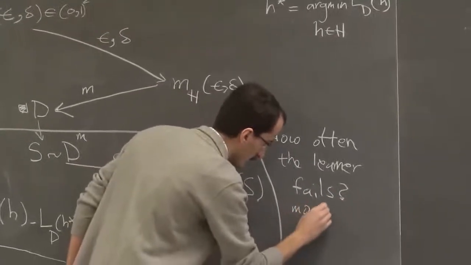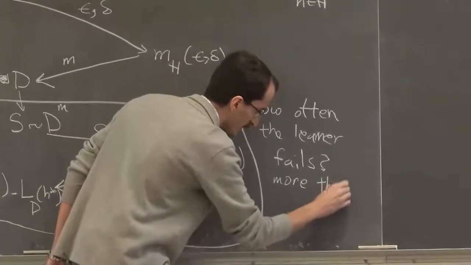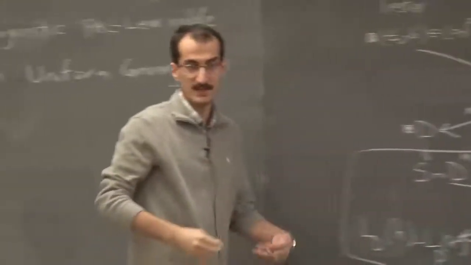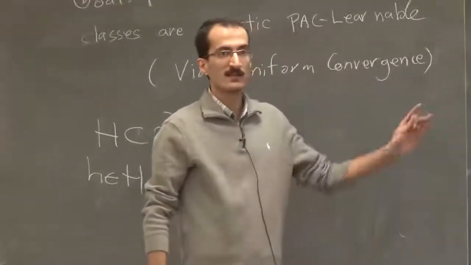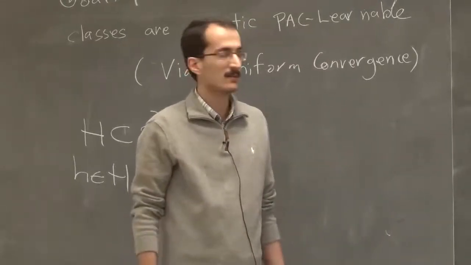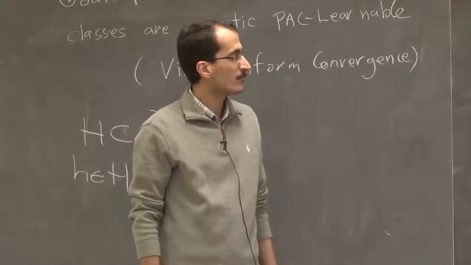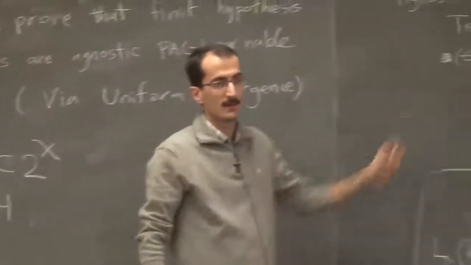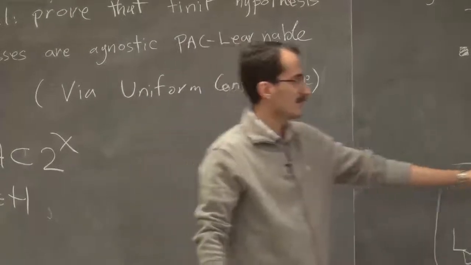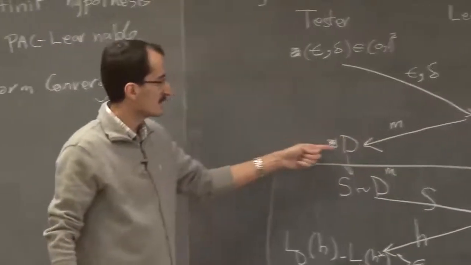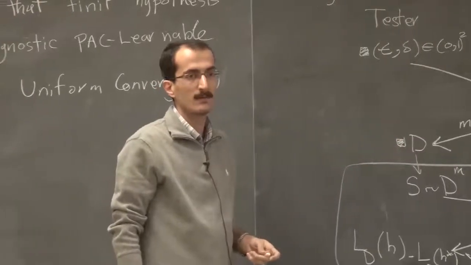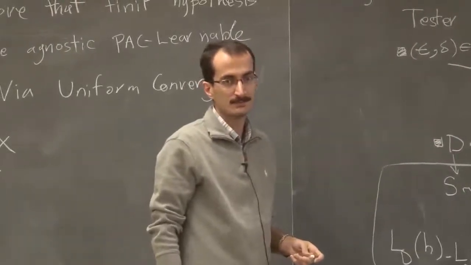Is it more than delta? If it is, then it was not a good learner, because that was the requirement. The probability, how often, is with respect to the distribution that the tester picked.